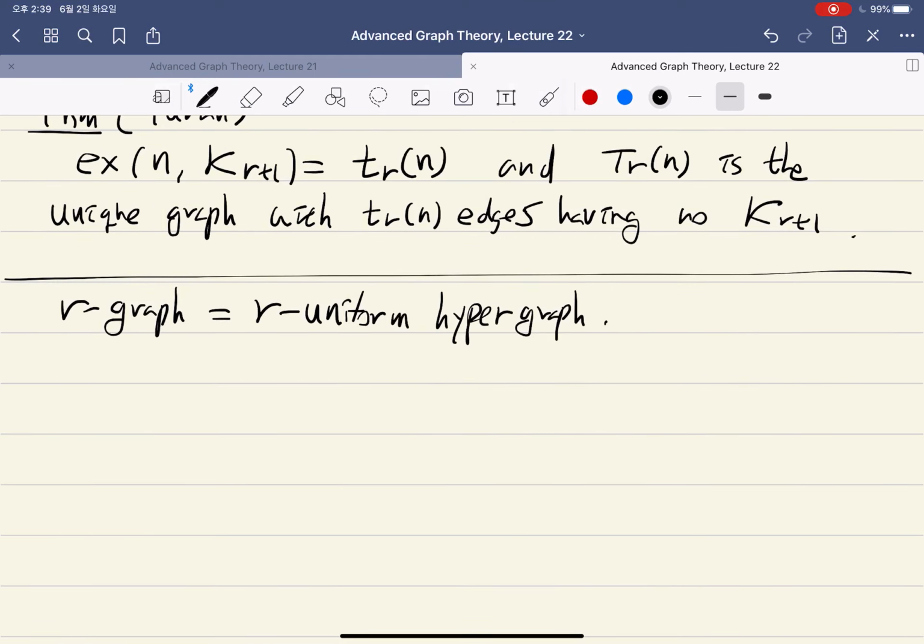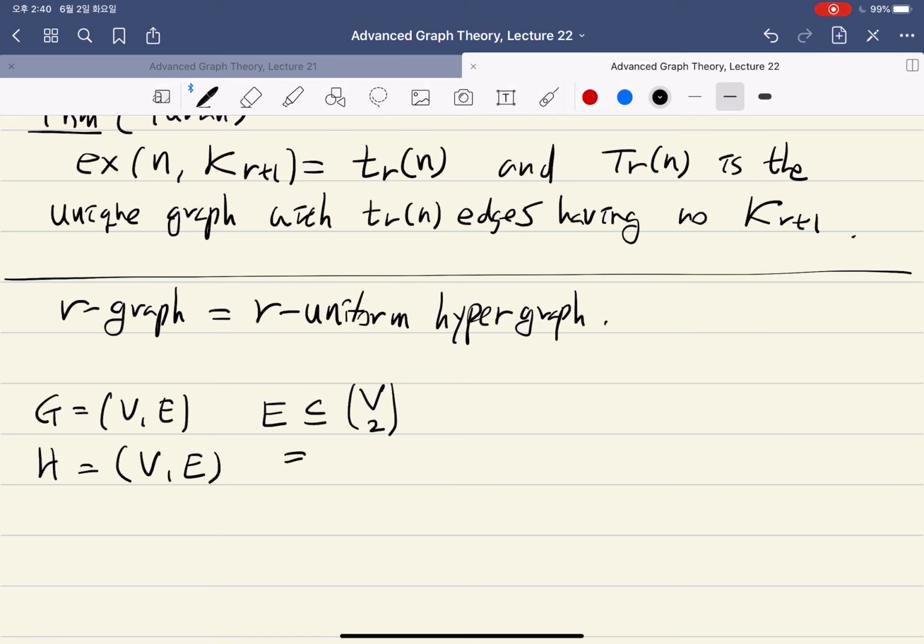So instead of a graph G being a collection of vertices and edges, where edges are subsets which consist of a pair of vertices, we consider H to be an r-uniform hypergraph if each edge is a collection of sets of size r.